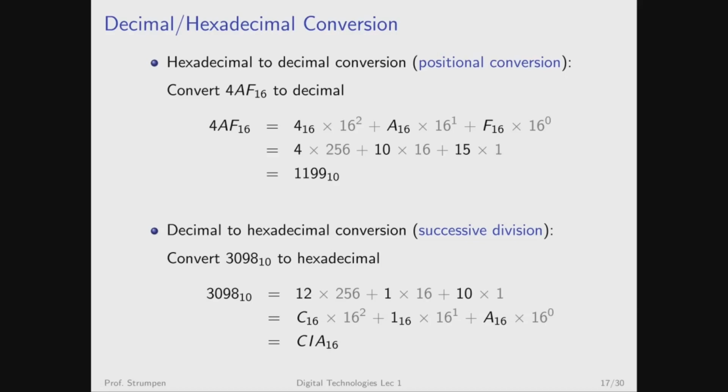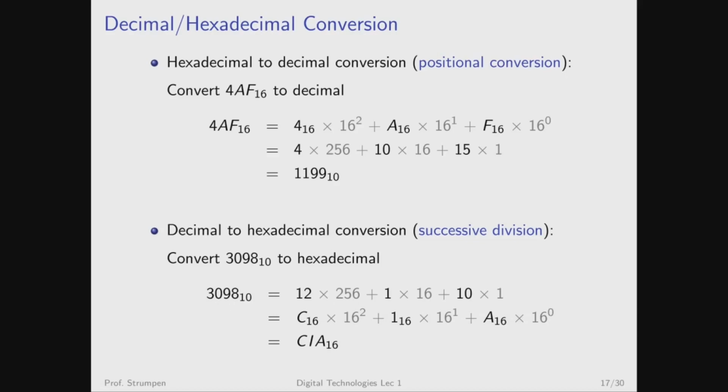Whenever the base is larger than 2, as it is for hexadecimal numbers, then the power of the base may fit more than once into the number, right? And it turns out that the largest power of 16, 256, fits 12 times into 3098.